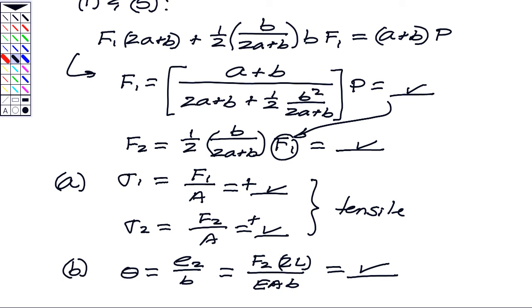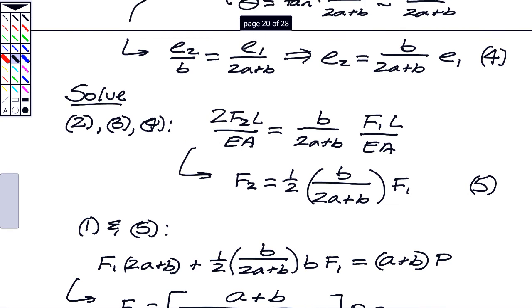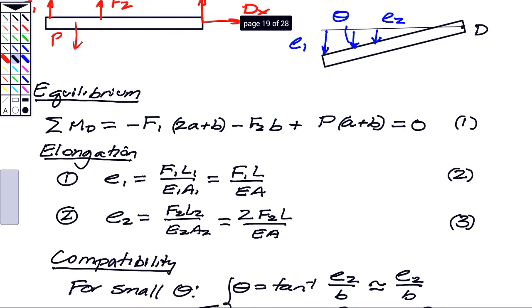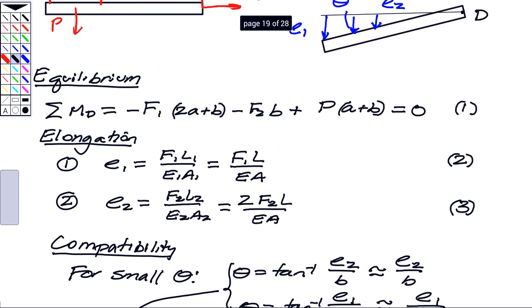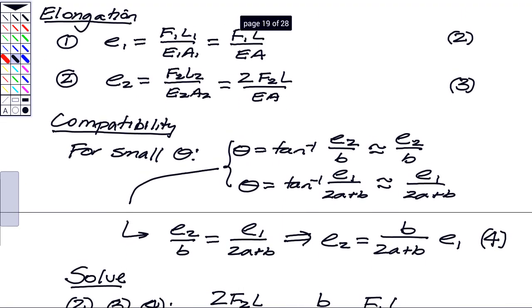So just to go back on what we had just talked about, we first write down equilibrium. That is back here at equation 1. We write down our elongation equations for rods 1 and 2. And finally, we lace it all together here with a compatibility equation.